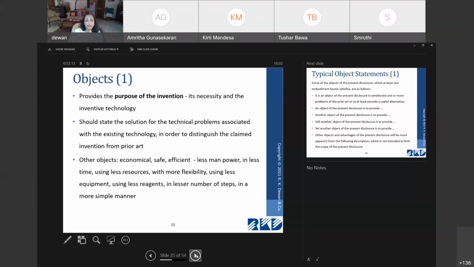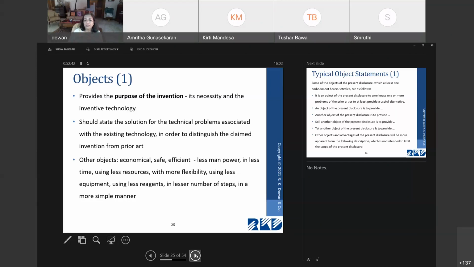For example, it could be economical, safe, efficient, using less manpower, happening in less time, using fewer resources, or more flexible. When you're talking about, let's say, a polymer product or an article, it could be using less equipment, fewer reagents, fewer steps, or being a one-pot reaction.